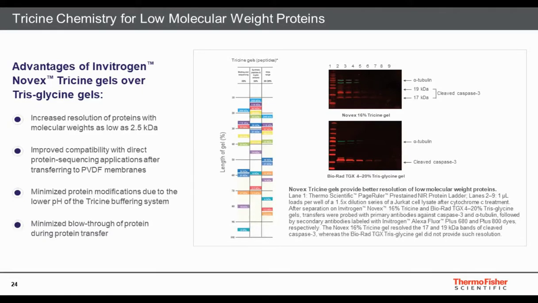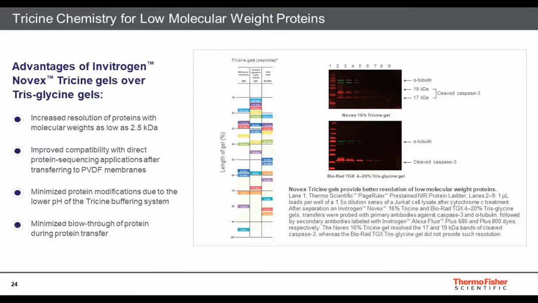On the other hand, if your interest is in detecting low molecular weight proteins and peptides, you should use the Tricine chemistry that is optimized for separation and transfer of low molecular weight proteins. As demonstrated in the migration chart, the Tricine gel enables the smaller molecular weight proteins like caspase subunits to be optimally resolved closer to the middle of the gel compared to the Tris-Glycine chemistry.